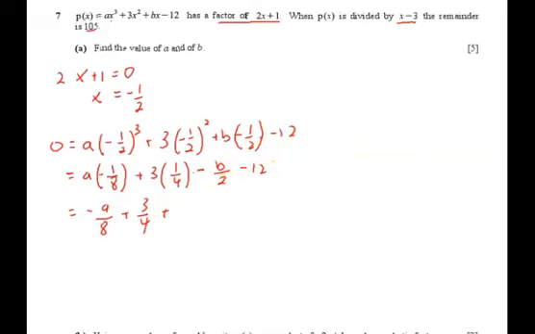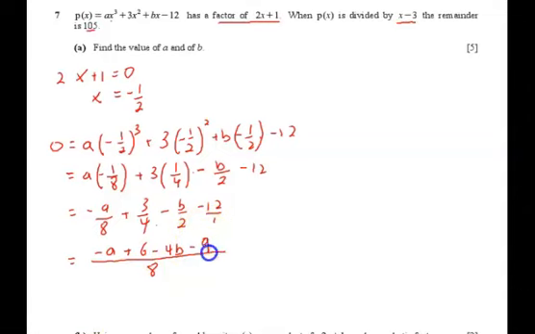Okay, so here we're getting minus b over 2 minus 12. Let us make the denominator equal. We make it all to 8. So you get the minus a, and here you multiply with 2, you get 6, multiply 4, you get minus 4b, and here you'll be getting minus 96.